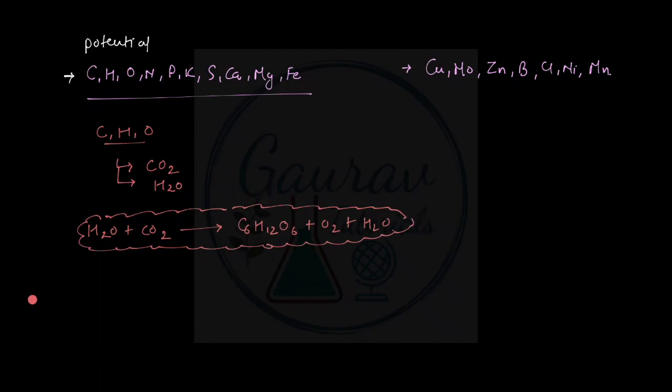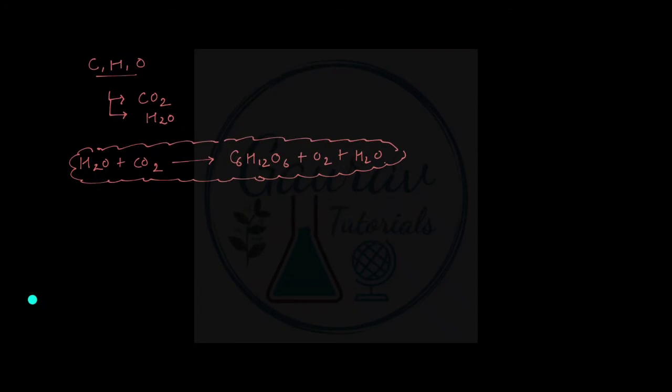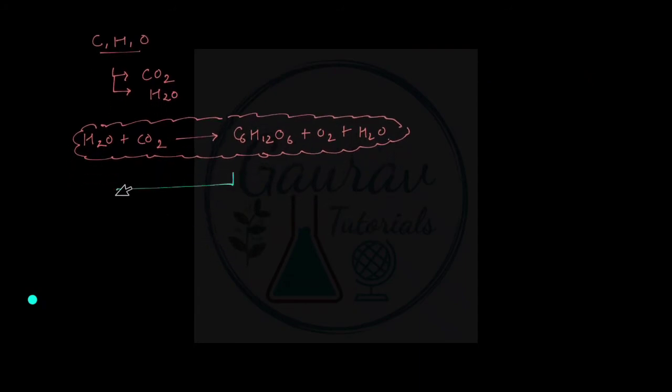Now, these macronutrients can further be classified into two groups: the primary nutrient and the secondary nutrient.